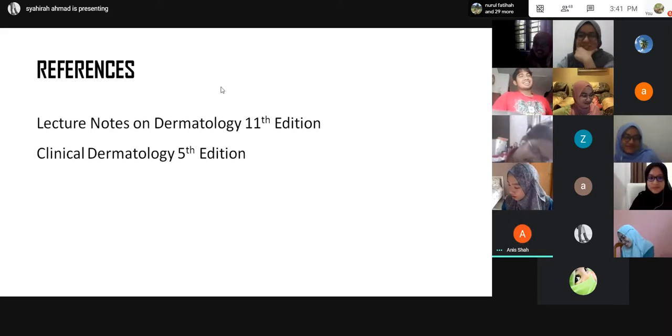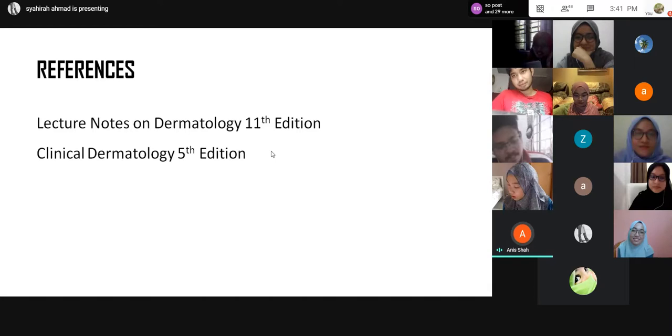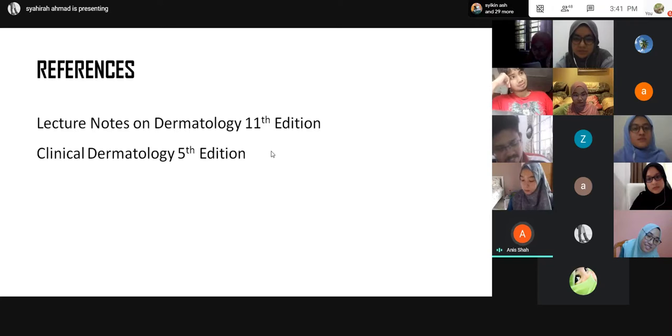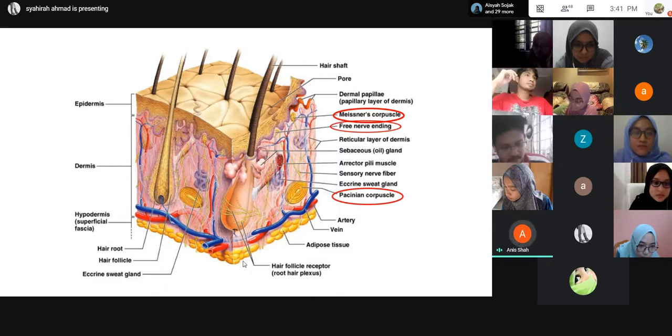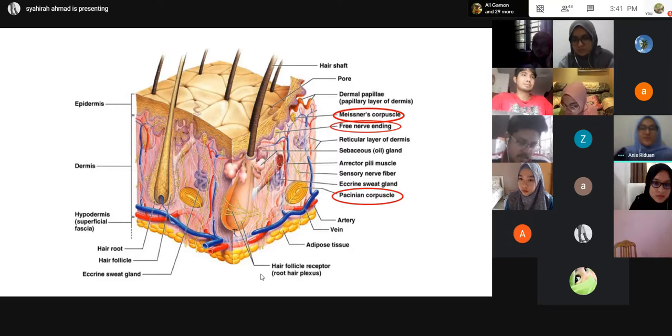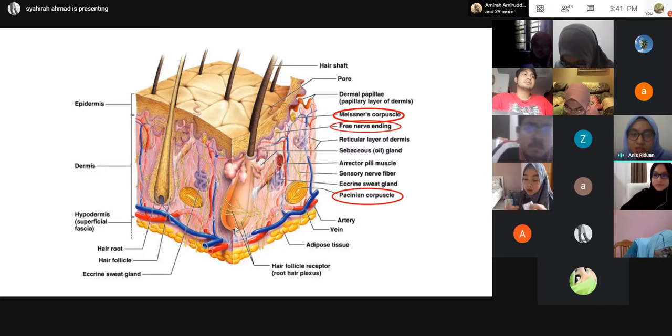Yes. Okay. Can I just ask you something about the hair follicle? You showed the hair follicle extending into the deep dermis and even possibly down to the subcutaneous tissue, isn't it? Yes. Okay. So what can you tell us about the hair follicle structure? So the hair follicle is one of the epidermal appendages, but it is also situated in the dermis and could also be present in the hypodermis.